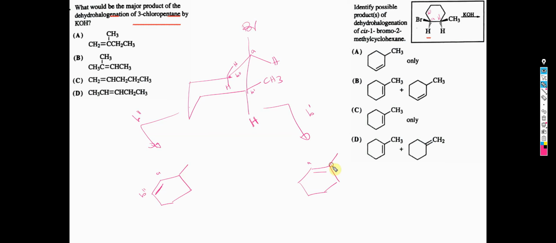Okay, this is B prime. So both these are going to be formed. This is going to be the major product, of course. This is the minor product, but both of them will form. So therefore B is the right answer. Okay, that is carbon A, B prime, B double prime. So B is the right answer for that.